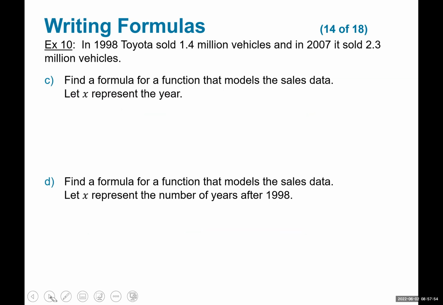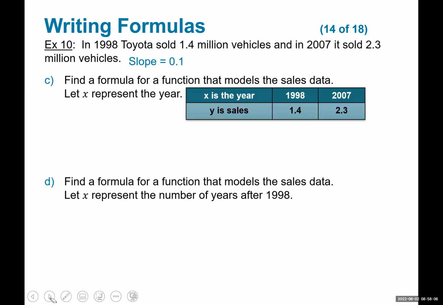All right, let's take it a step further. Now we know our slope. Find the formula for the function that models the sales data. So we have a slope and we have some points, so we can use the point-slope formula. Point-slope formula says, hey, m we know is 0.1.